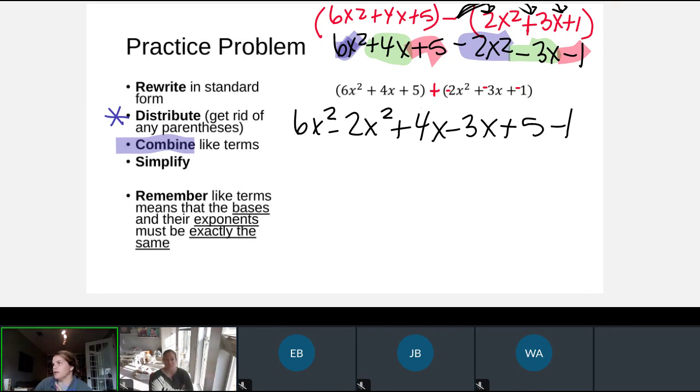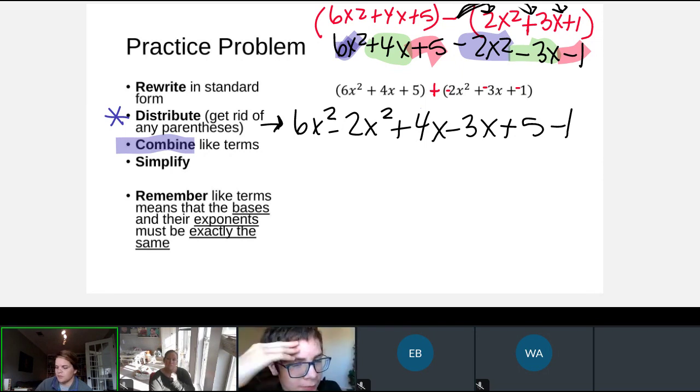Okay, before I move on, does anyone have any questions about how I got to this expression, this step? What's that, Richard?